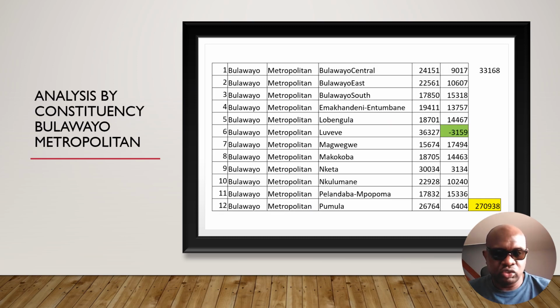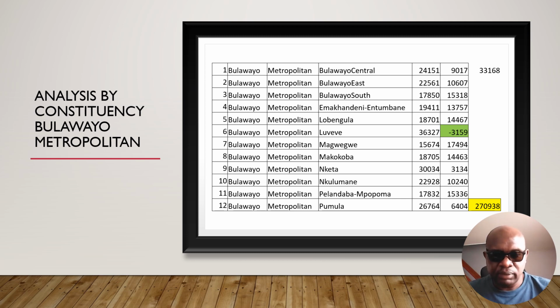But if I can move into the analysis constituency by constituency. What I've done here is to show how each constituency is over. This is the difference from the 20% upper limit, which is 33,168.